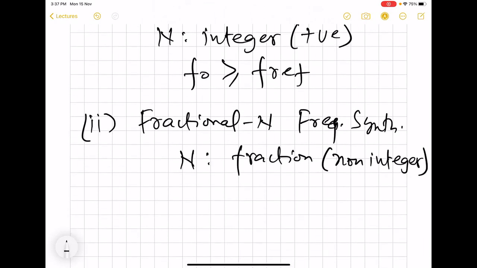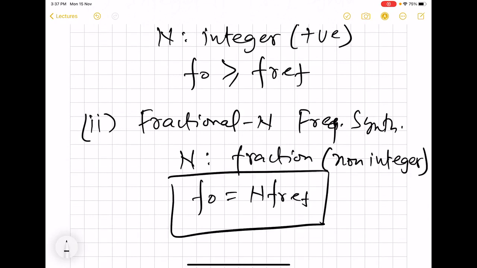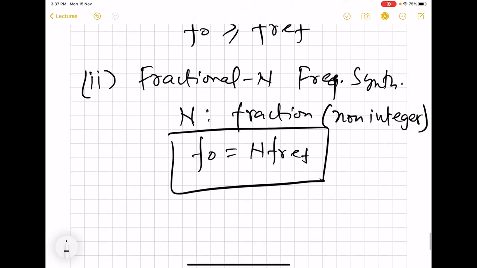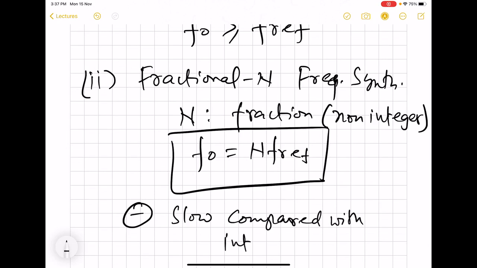And in this case, one can produce output which need not be an integral multiple of the F reference. But here also this relation holds true. So we will see that this relation will always be satisfied. And these outputs are a little bit slow compared with integer N.